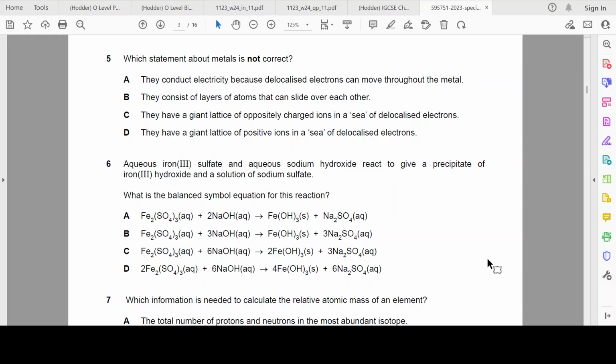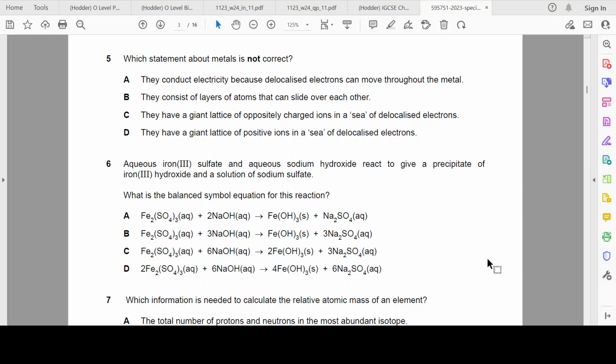They consist of layers of atoms that can slide over each other. True or false? Metals are hard, well, relatively speaking.